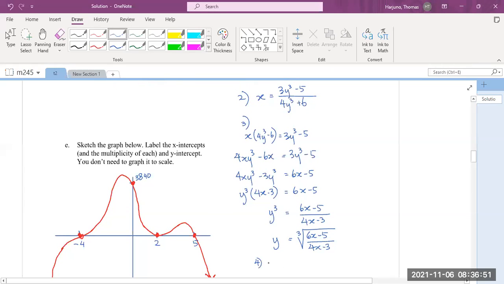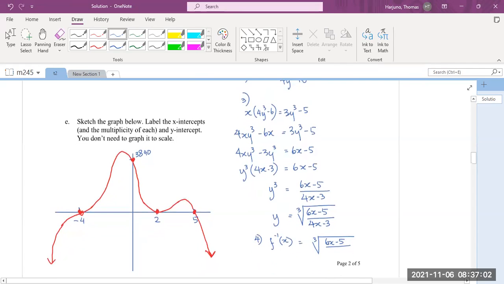Now, finally, step 4, the inverse function is therefore the cube root of (6x minus 5) over (4x minus 3). Okay.